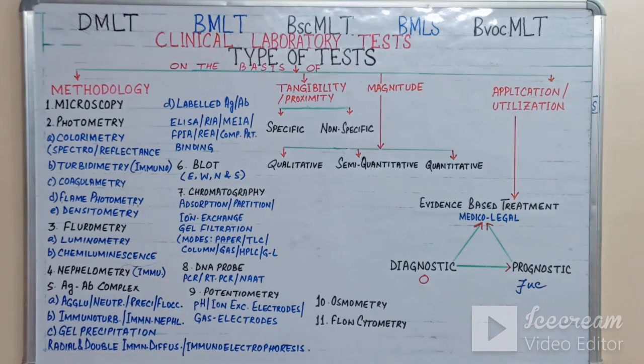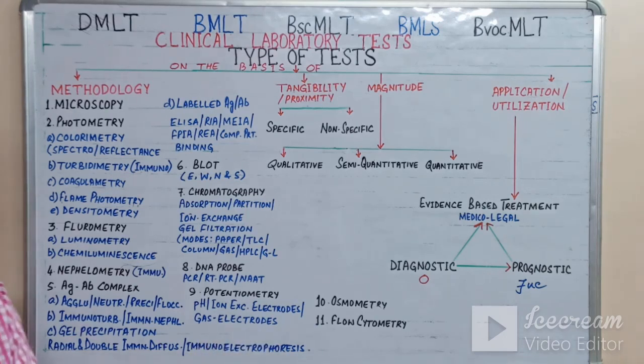Now the gel precipitation. Gel precipitation again has many techniques, like the radial immune diffusion technique, the double immune diffusion technique, and immunoelectrophoresis. Now the labeled Ag or Ab. Now we are going to label an antigen or an antibody.